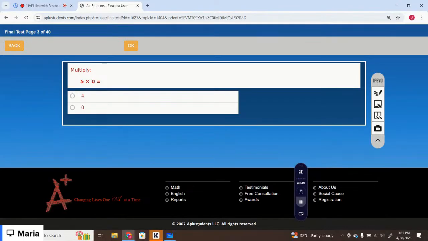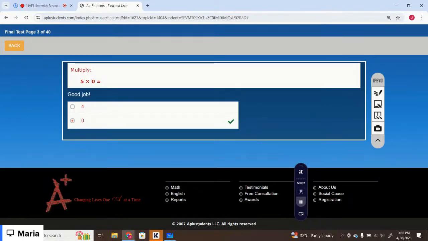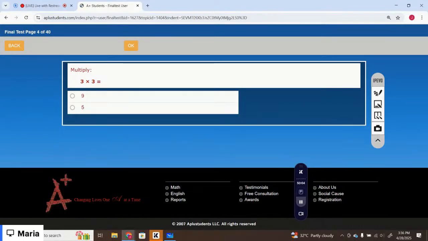Five times zero is 0. Option number 2 is the correct option. That is 0. 3 times 3 is 9. Option number 1 is the correct option.